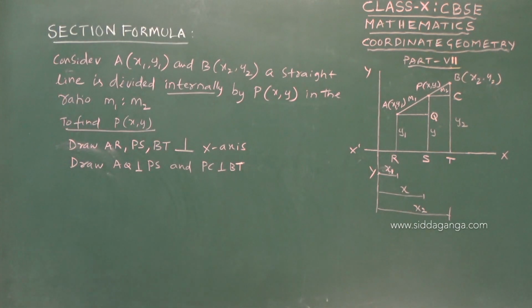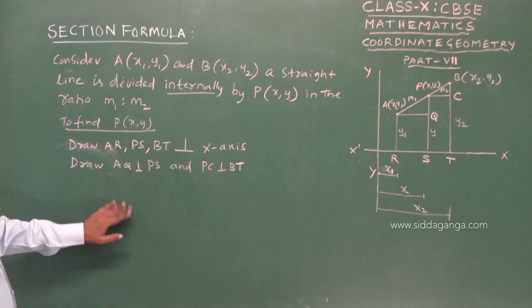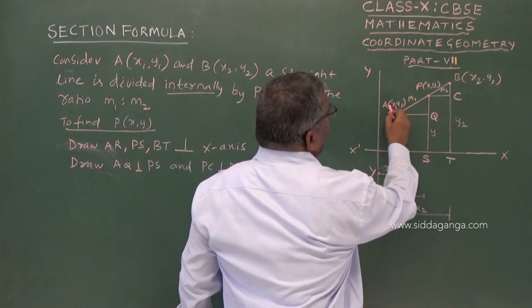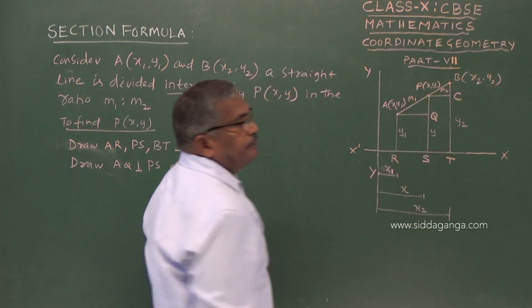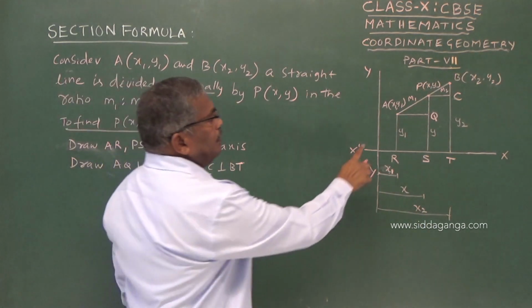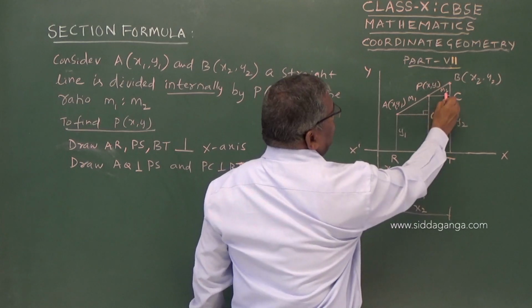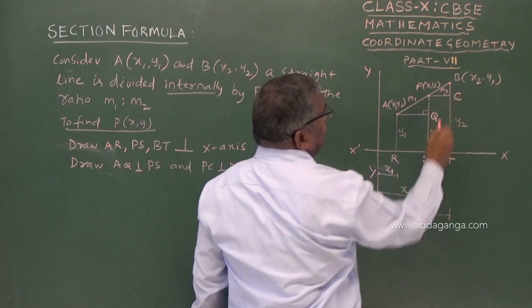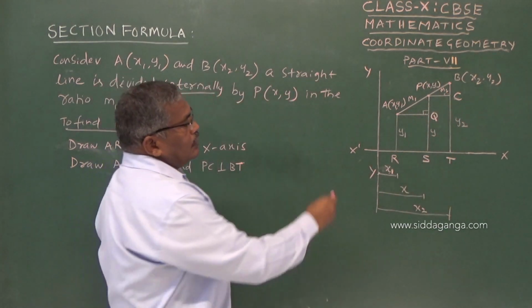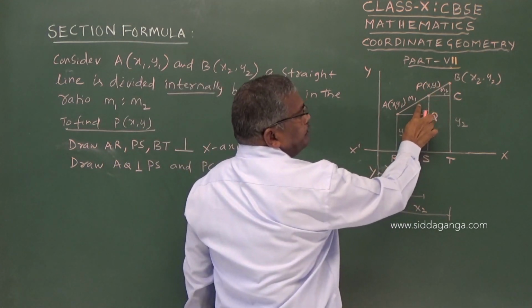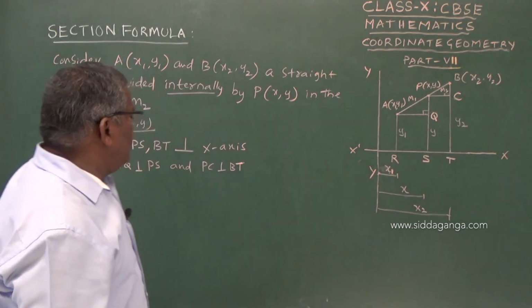Now, see here, these two triangles you observe, AQP and PCB. This is 90 degrees and this is also 90 degrees, and the slope is the same. So therefore, these two are similar triangles.